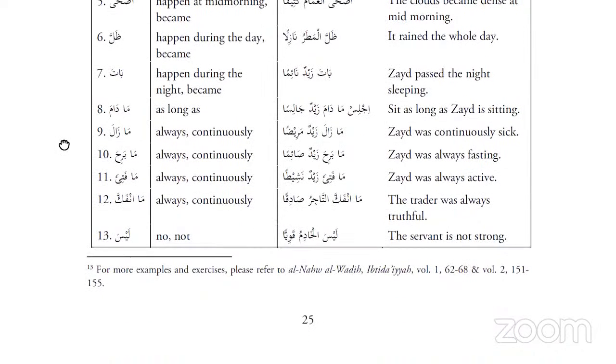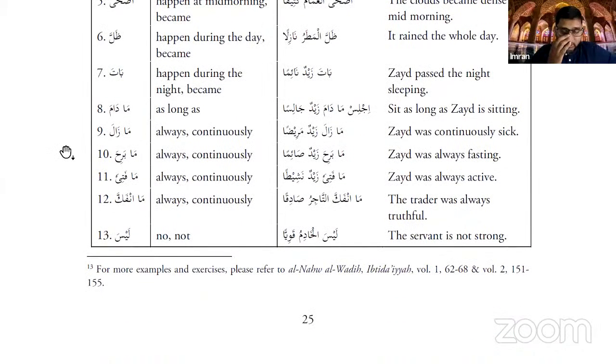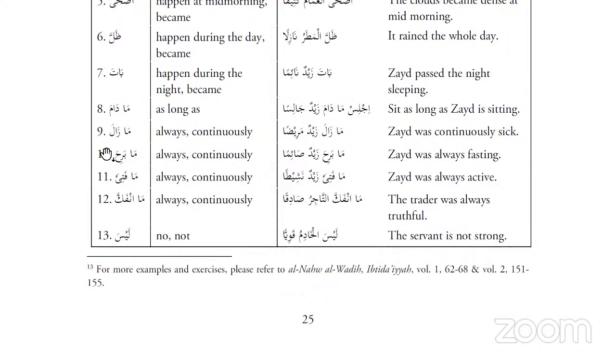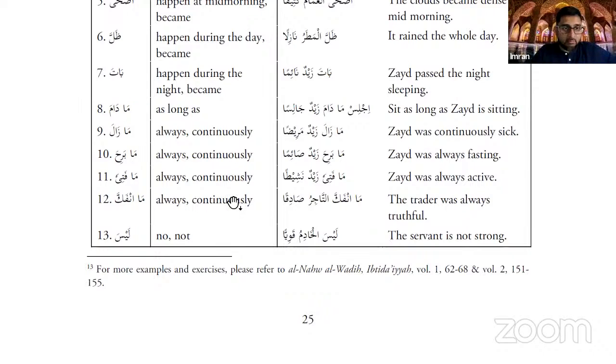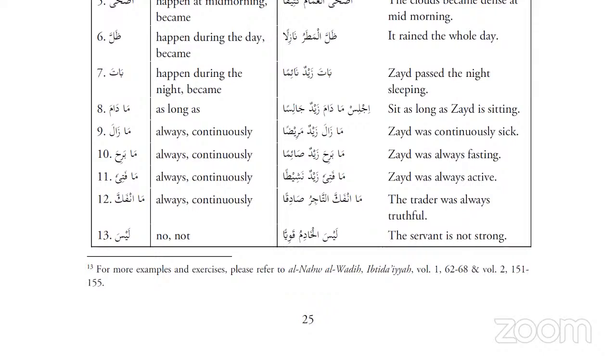Now these are the sisters of Kana itself. Sister Huma, can you come on the mic? Yes, Sheikh. Alaykum salam. 7, 8, 9, please. Bata, happened during the night or became. Bata Zaidun na'iman, Zaid passed the night sleeping.